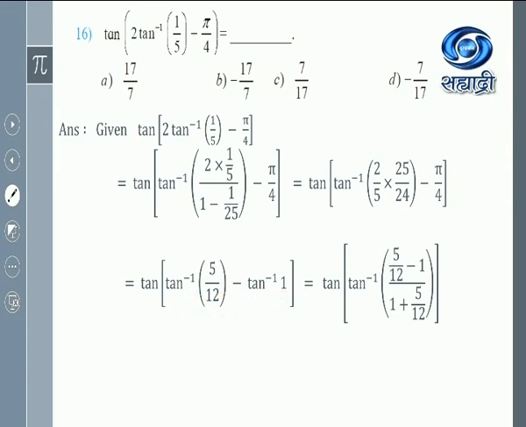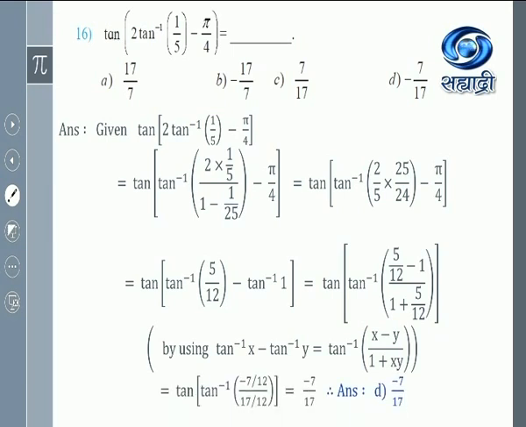Now see the product. 5 by 12 into 1 is less than 1. So we apply the formula: tan inverse of x minus tan inverse of y is equal to tan of tan inverse of x minus y upon 1 plus xy. So this formula we are using here. And simplify this.